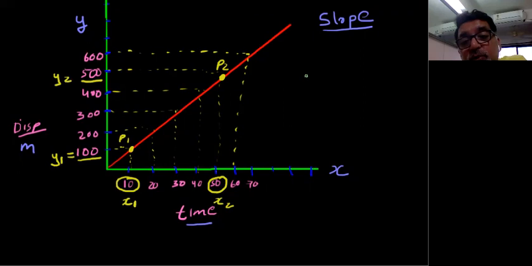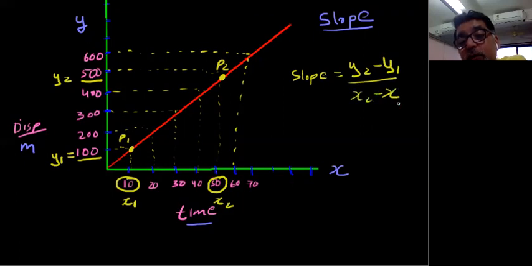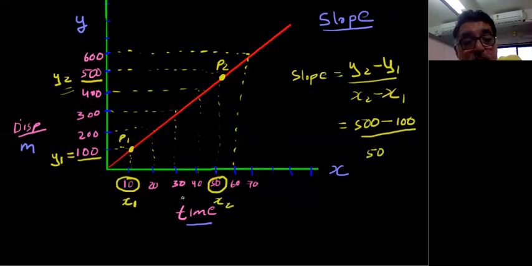The formula for slope is slope equals y2 minus y1 divided by x2 minus x1. So let's try to find the slope of this line: y2, which is 500, minus y1, which is 100, divided by x2, which is 50, minus x1, which is 10.